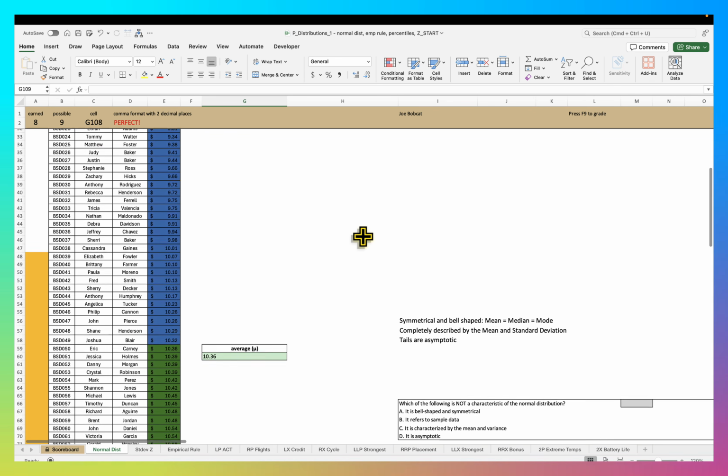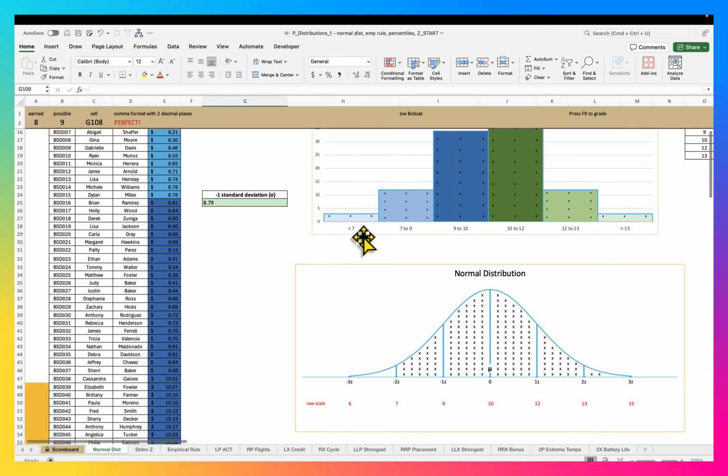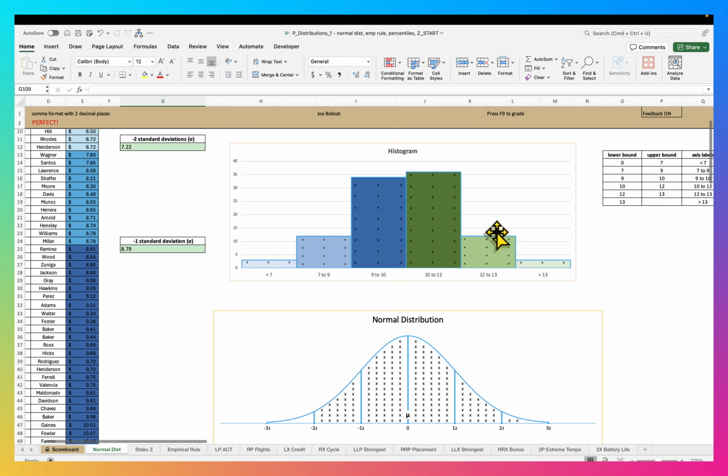All right. Now, as a result of doing all that, this built out as well. And now you can see the pattern more clearly. So you can see most observations within one standard deviation of the mean. And then you can see here 2 standard deviations, 3.